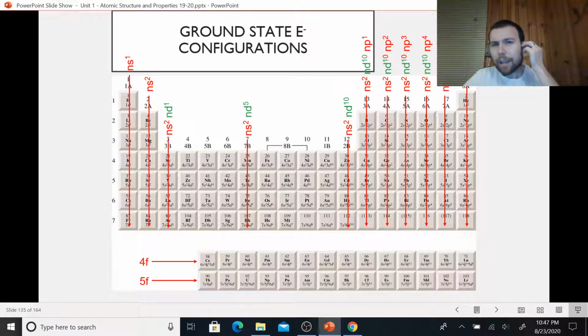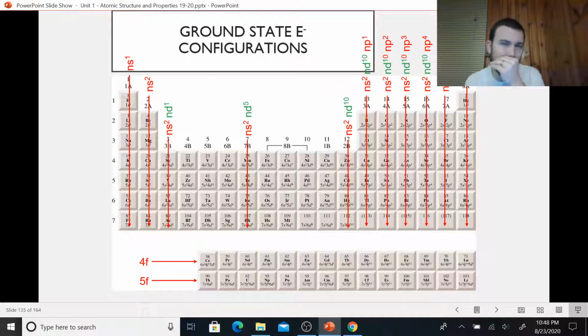So we had mentioned earlier, and before we jump into that, I did mention how we could look at ground state electron configurations and make predictions about how the configurations are going to end. When you're looking at the first column, they always end in ns1, where n is the principal quantum number. ns2 for the second column, and so on and so forth.